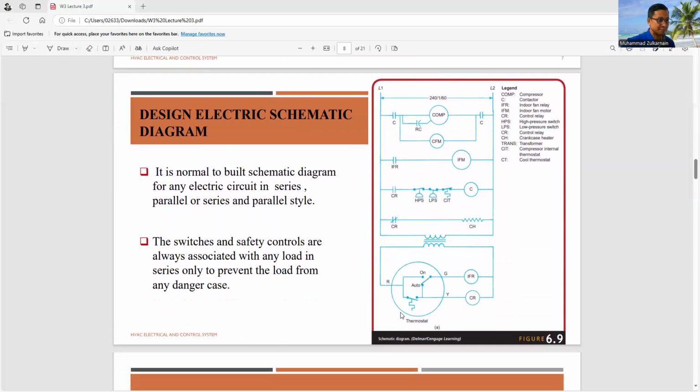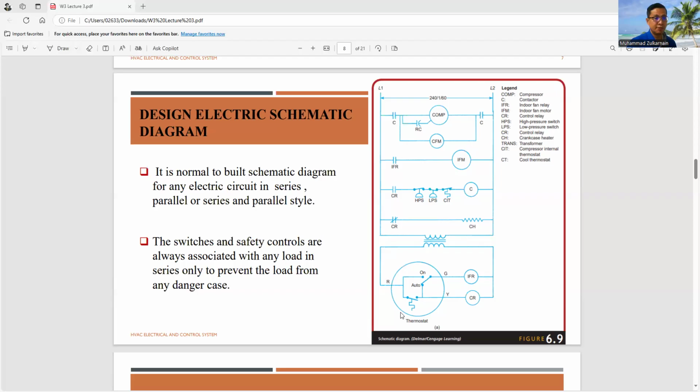So another example, you can see a more complicated system schematic. In the actual diagram, it can be complicated to read, but by using the schematic diagram we can simplify the condition of the system.